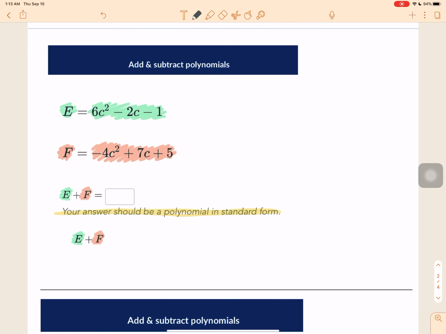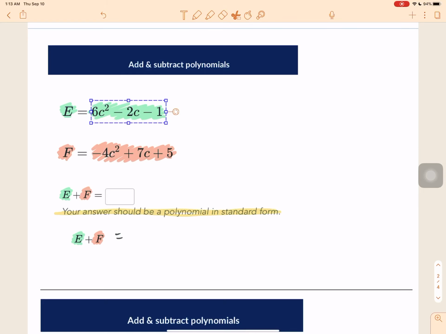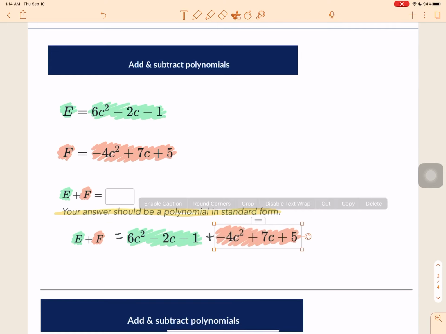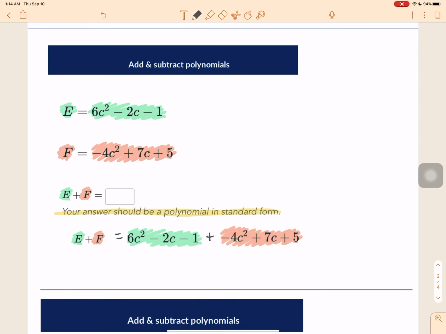Okay, so E plus F is equal to, we have E here, and then plus, and you guys will just be rewriting this, plus F. What you want to do is put parentheses around the second polynomial, I always do that, just in case I have to distribute that sign.